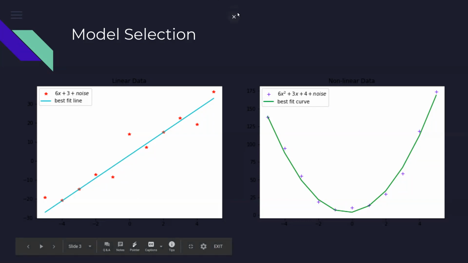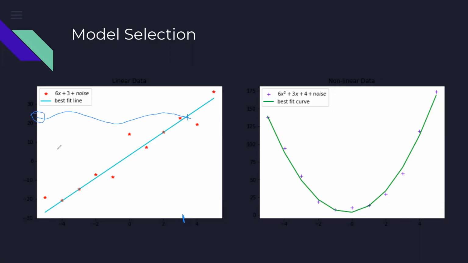If next year's rainfall is given as a at this point, then I can directly go here, identify the value on this line, and find out what the rice production would be, which is the value on the y-axis. So that's the benefit of getting an estimator.